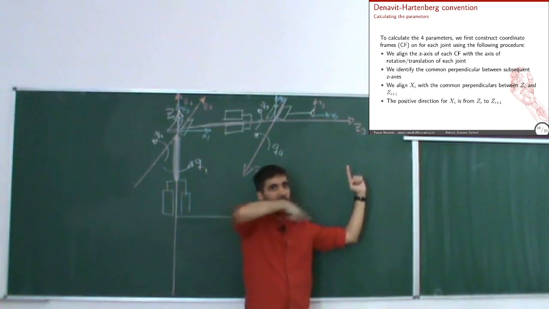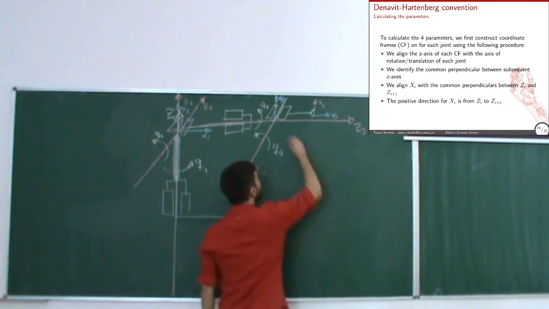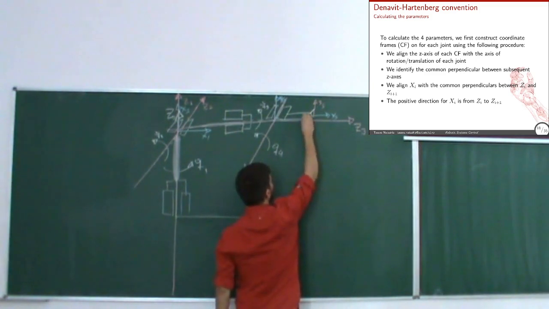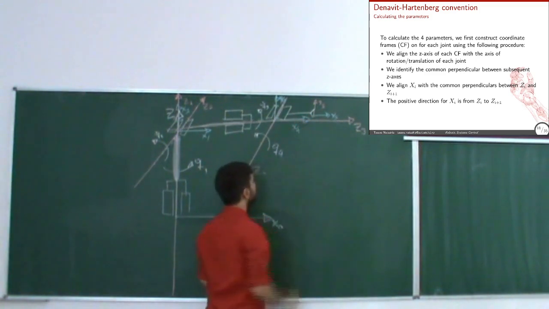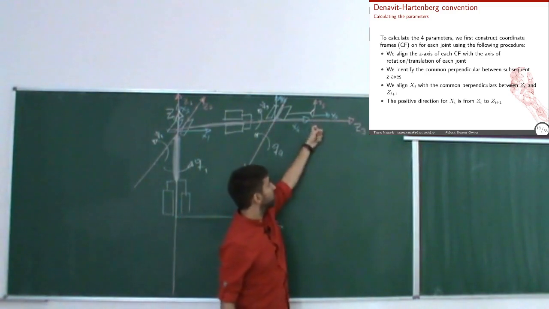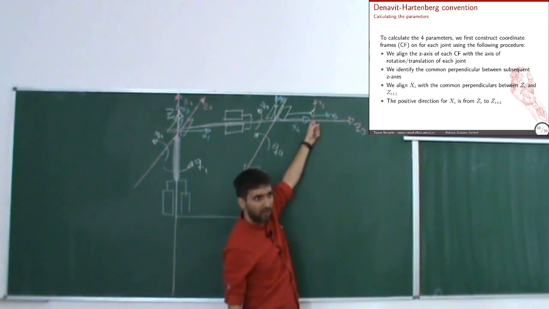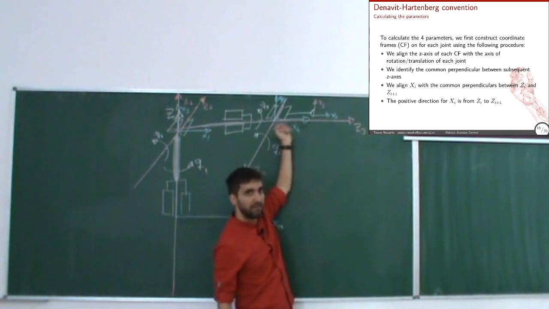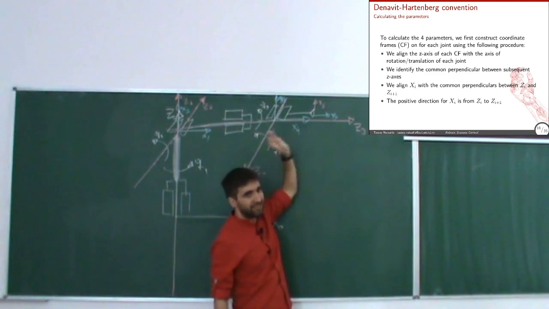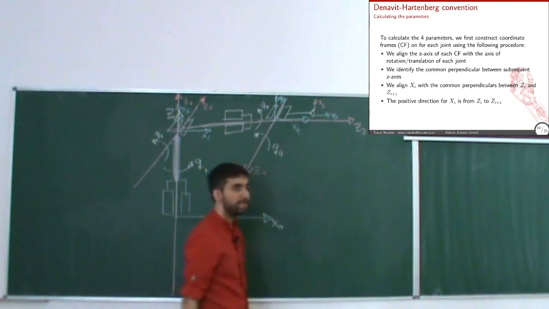It's going to be a line like my hand, right? Here it makes sense to use this last rule: positive is from Z4 to Z5. I could put it inverse, it's not a big problem, but we usually prefer this. Okay?